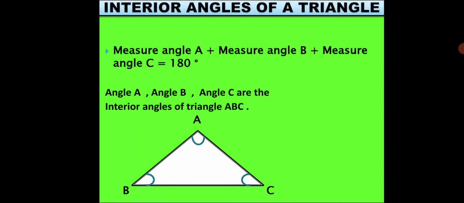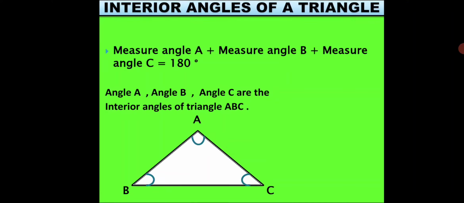As in your previous standard you are very well known about this concept. It means if any triangle has three angles, and if we measure those three angles, we will get the sum 180 degrees.